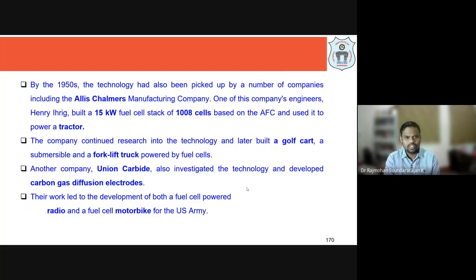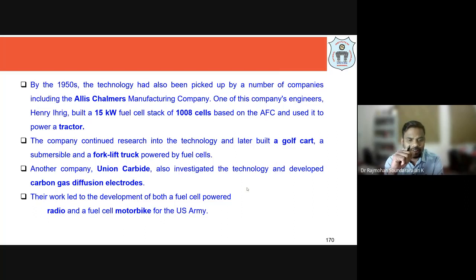In the 1950s, the technology was also picked up by a number of companies, including Allis-Chalmers Manufacturing Company. One of the company's engineers, Harry Ihrig, built a 15 kilowatt fuel cell stack of 1008 cells based on alkaline fuel cells and used it to power a tractor. A tractor was run using a 15 kilowatt fuel cell stack. So that was the development in the 1950s for the alkaline fuel cell.